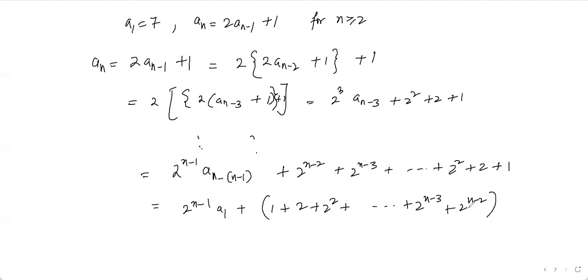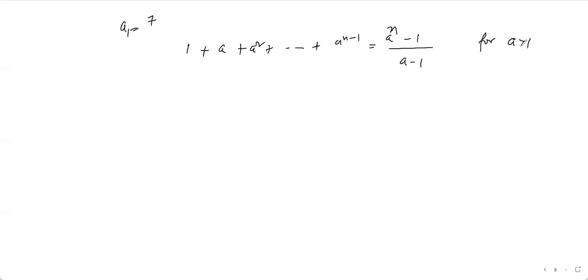Let us use a1 as 7, which is given. The sum 1 plus a plus a squared up to a to the power of n minus 1 is a to the power of n minus 1 over a minus 1, for a greater than 1.